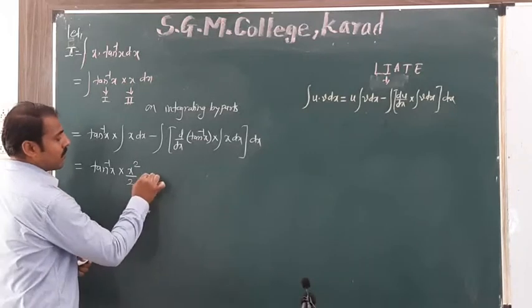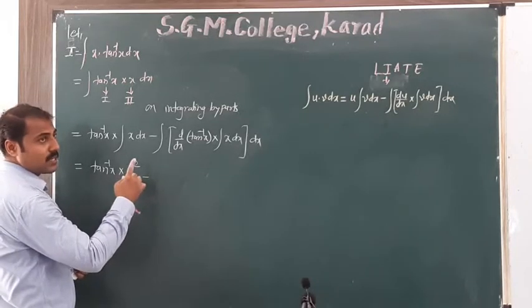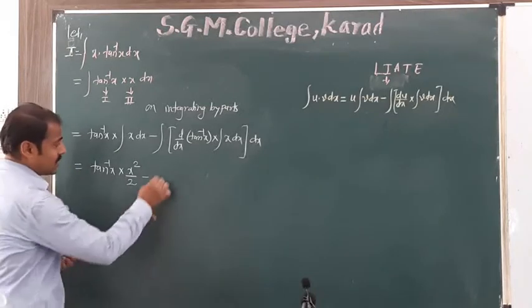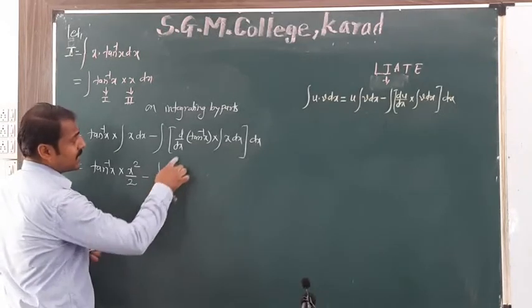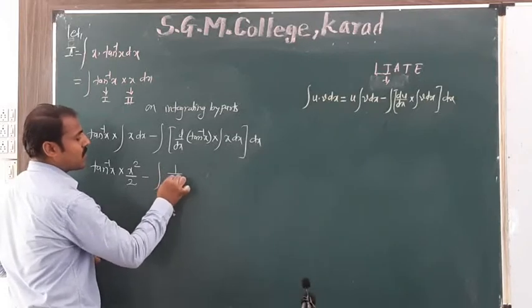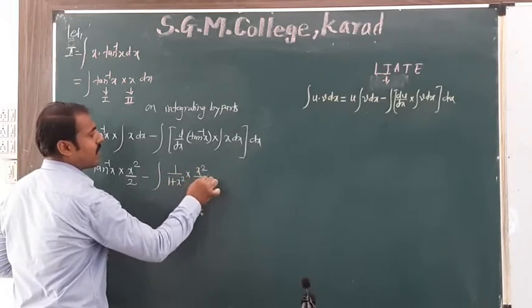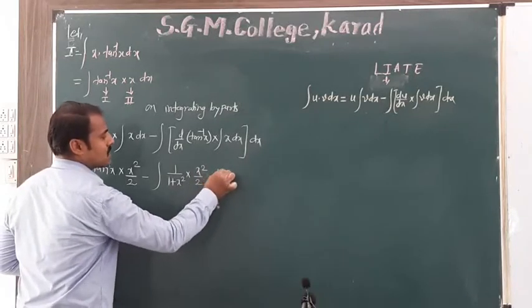Okay, by using integration of x raised to n, which is x raised to n plus 1 upon n plus 1, minus, inside the integration, derivative of tan inverse x is 1 upon 1 plus x square into integration of x, which is x square divided by 2, dx.